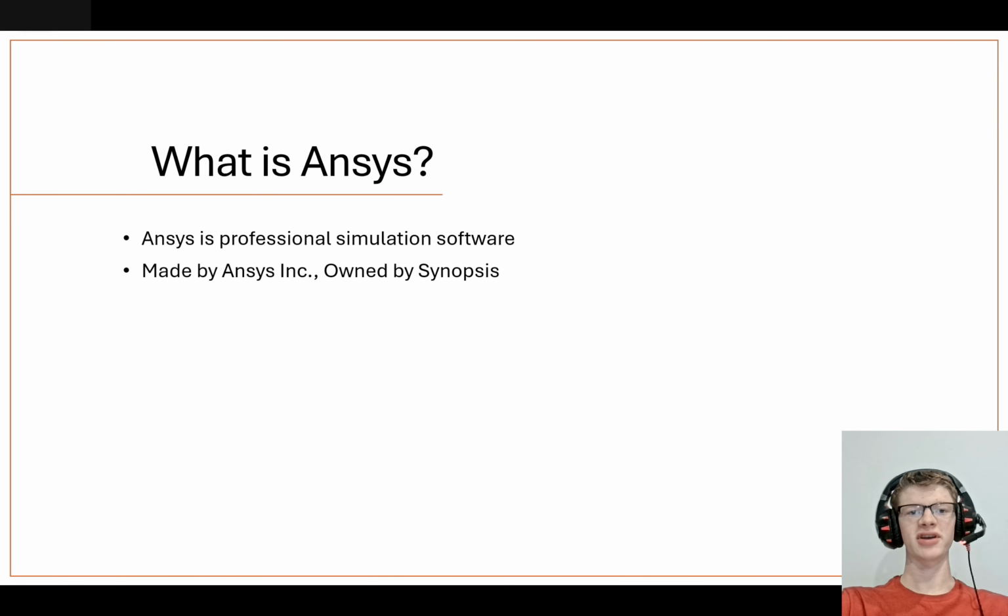As of the making of this video, the most current version is Ansys 2025 R2. That's the version that I will be using in these videos, and that's probably the version that you'll be using, or a later version depending on when you're watching this video.